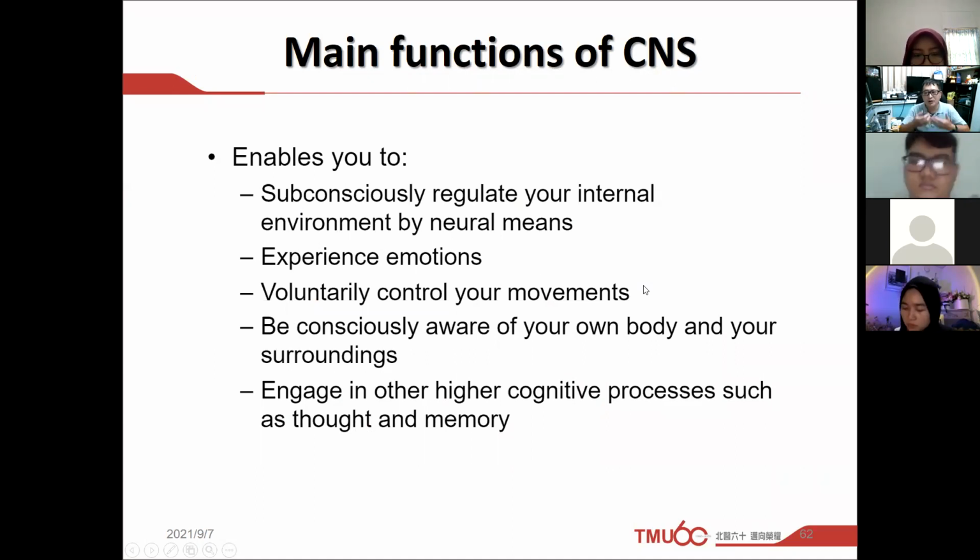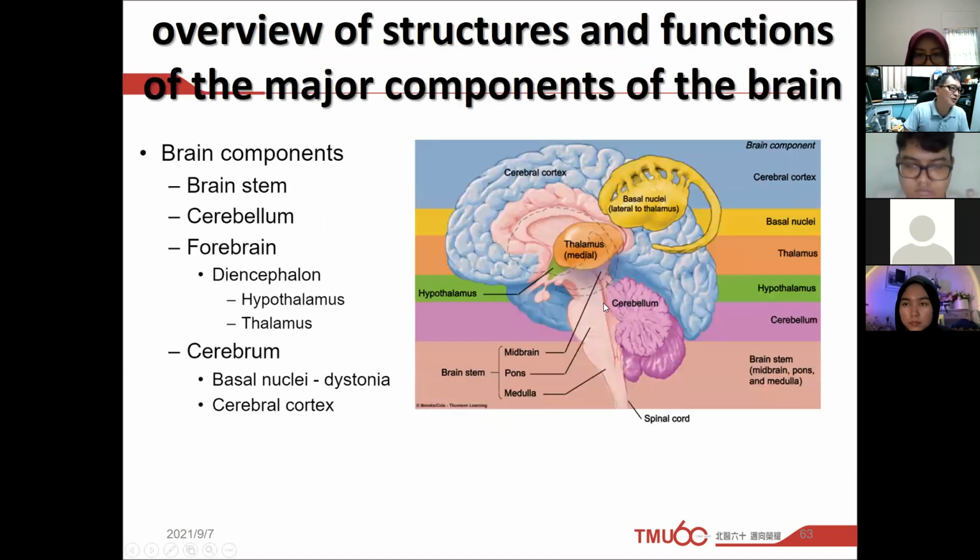Sometimes you organize and control your functions. A lot of things they can do. It also gives a complete person emotion, feeling, love, hate. So it's very important, the CNS has a lot of different functions.